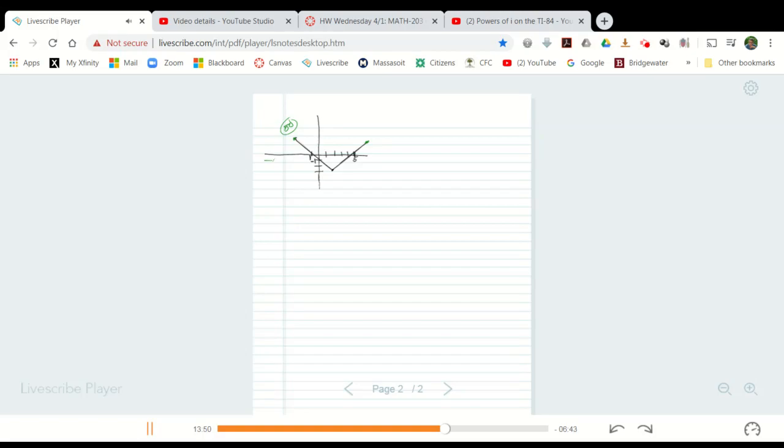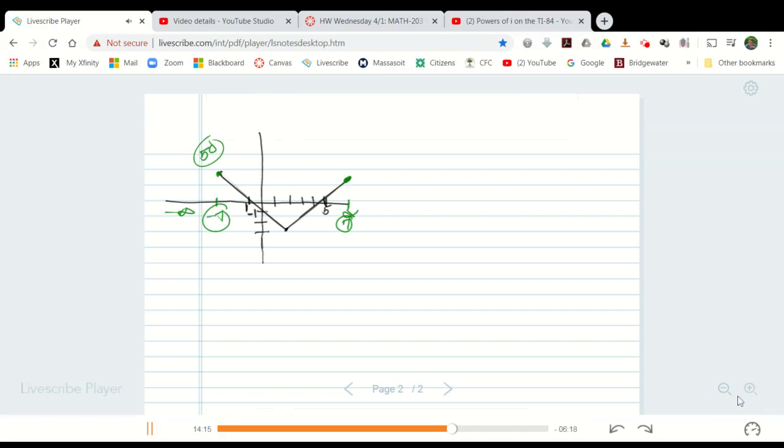I would have liked to see him put a solid dot, which tells you, hey, this thing stops. In fact, it stops at negative 7, and it goes all the way out to positive 7. So your domain is from negative 7 to positive 7. There should have been dots there. I wish he had done that. But if you don't see an arrowhead, you know it stops.